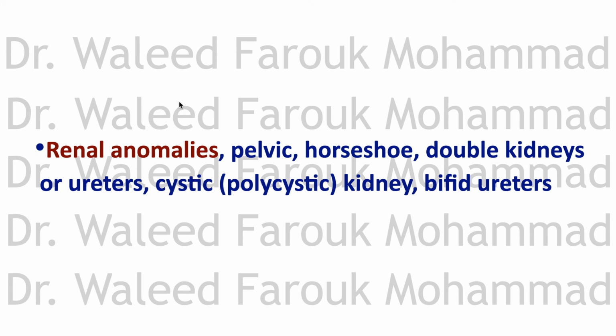They do not open properly or contact properly with the corresponding kidney, or bifid ureters. Each of us could have any. Of course, the polycystic kidney is pathological, but double ureters and bifid ureters may be completely normal.